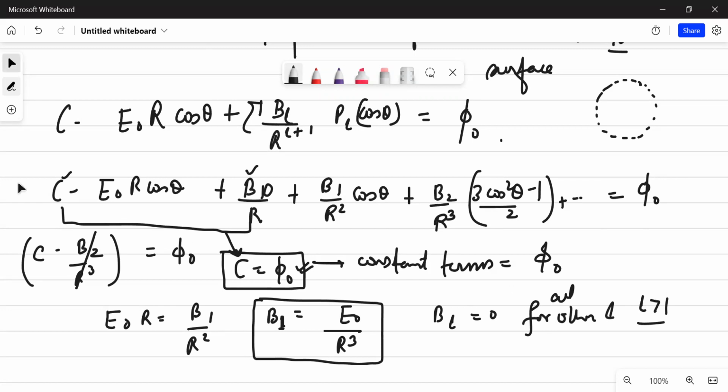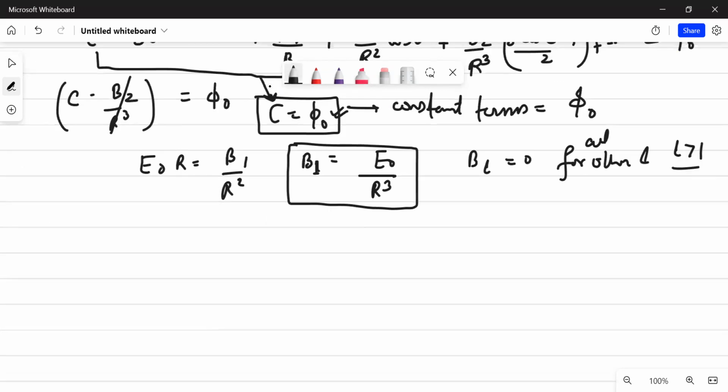Now we are in a position to write the potential anywhere outside. So potential anywhere outside would be equal to phi naught minus E naught R cos theta, and then you have the summation of B, all these things. I know that only B1 survives there.